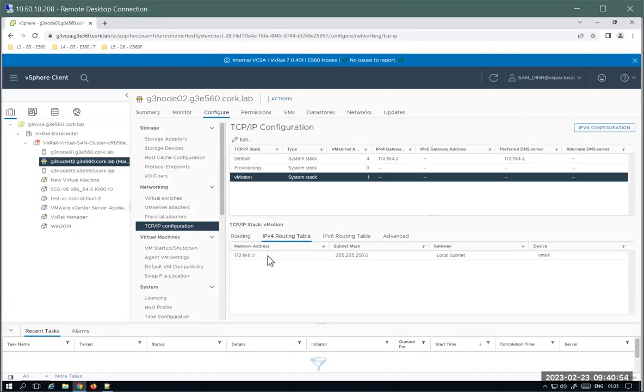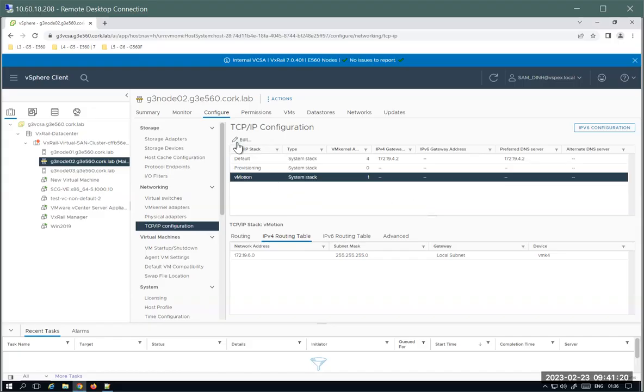At the moment, the vMotion traffic is happening on layer 2 only and within the cluster only. So for vMotion traffic to go somewhere, we need some layer 3, or it could be layer 2, depending on the top of rack switch configuration.